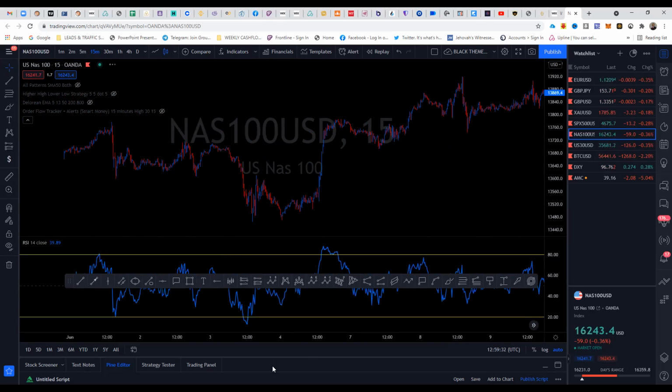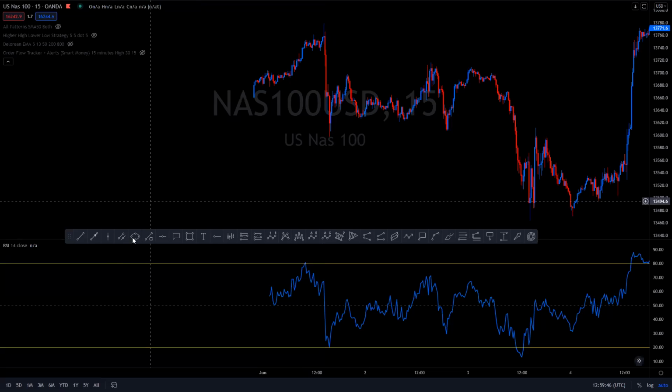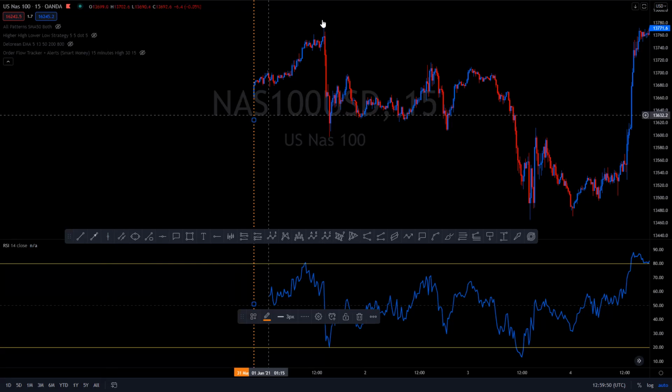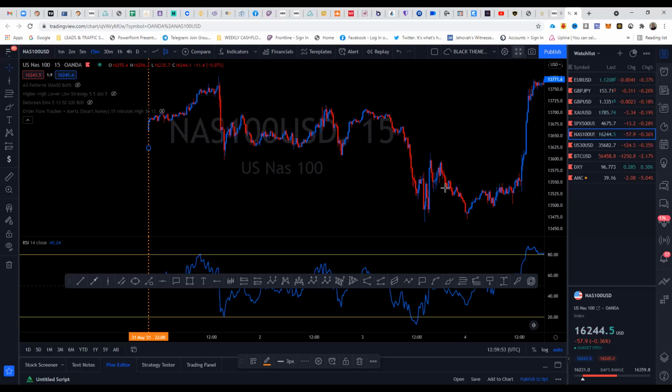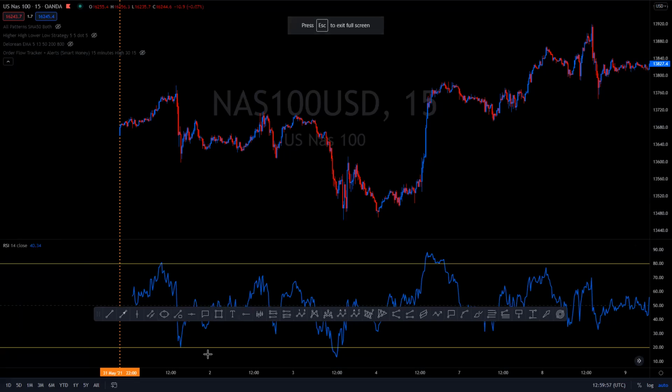Let me pause this recording until I get there. All right, so we're right at the beginning here. So we're going to put our vertical line here. And now we're going to start marking up our market structure based off of institutional levels and of course support and resistance.